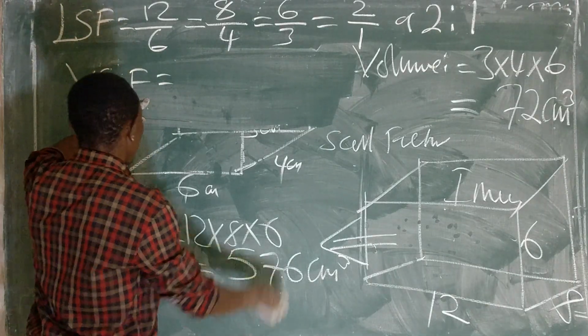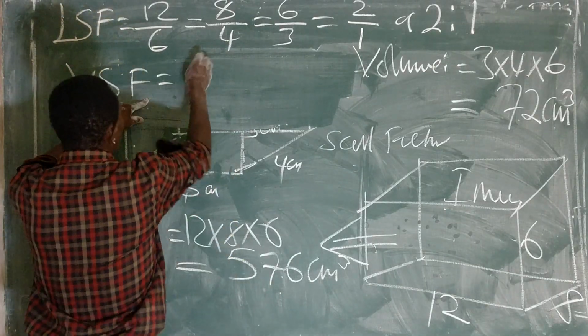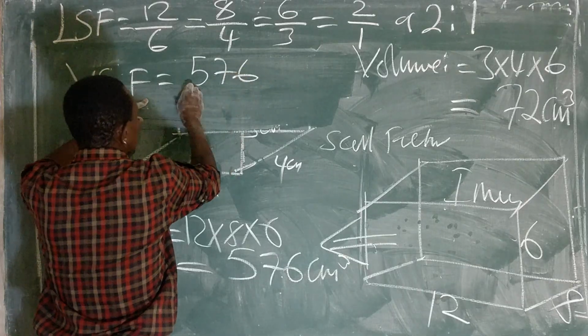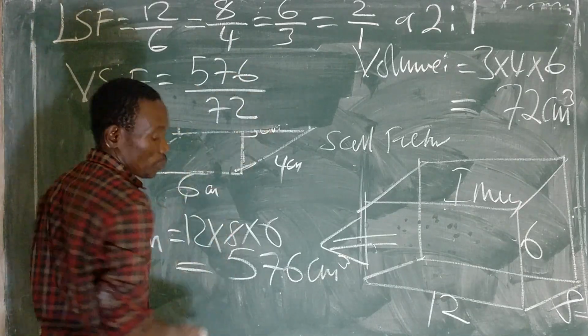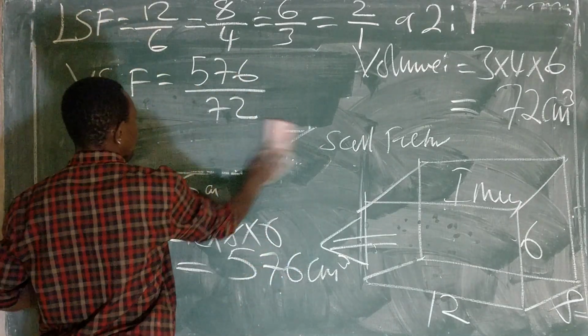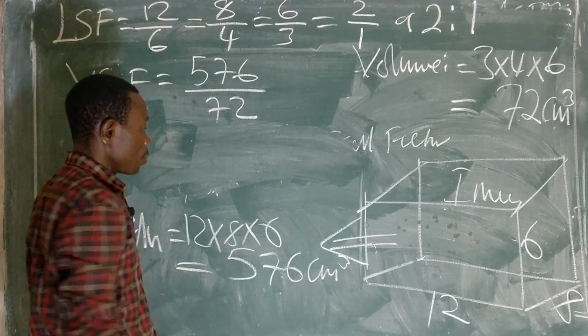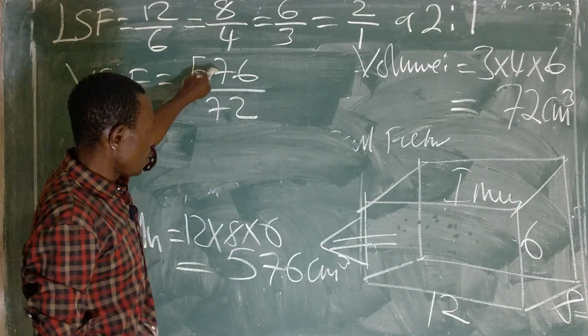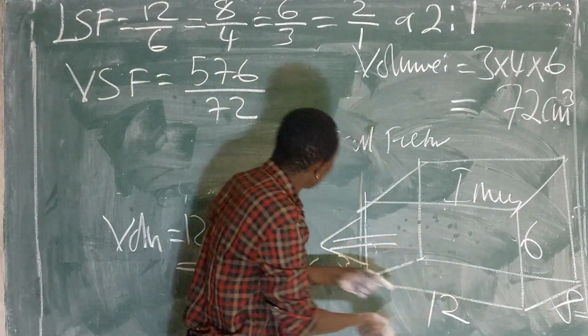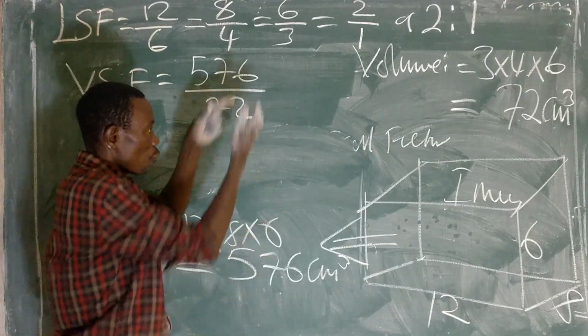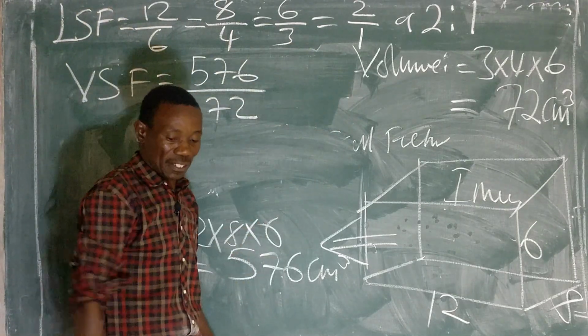So the ratio of the volumes is 576 for the larger one to 72 for the smaller cuboid.